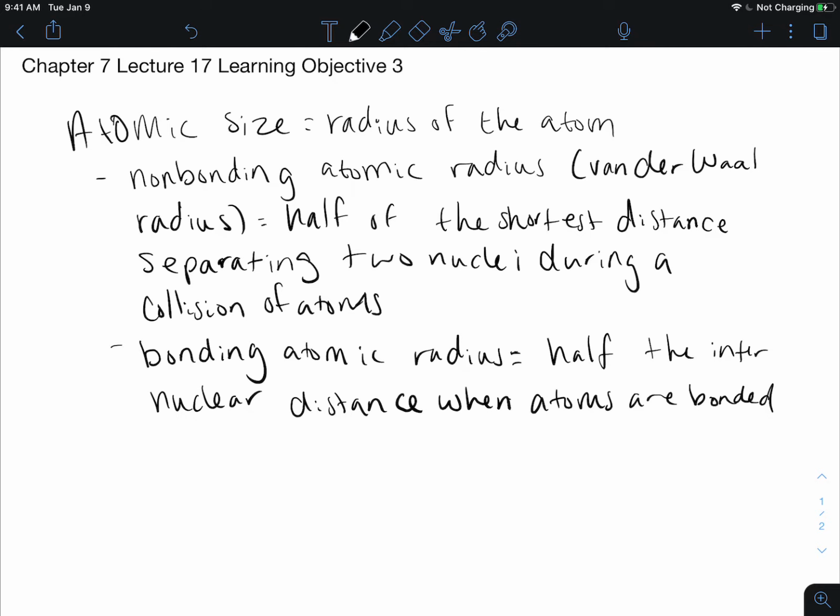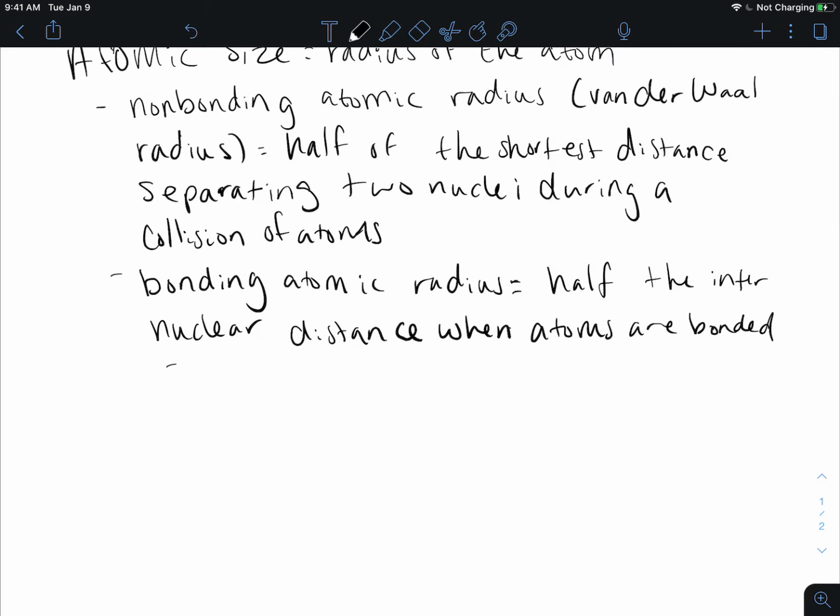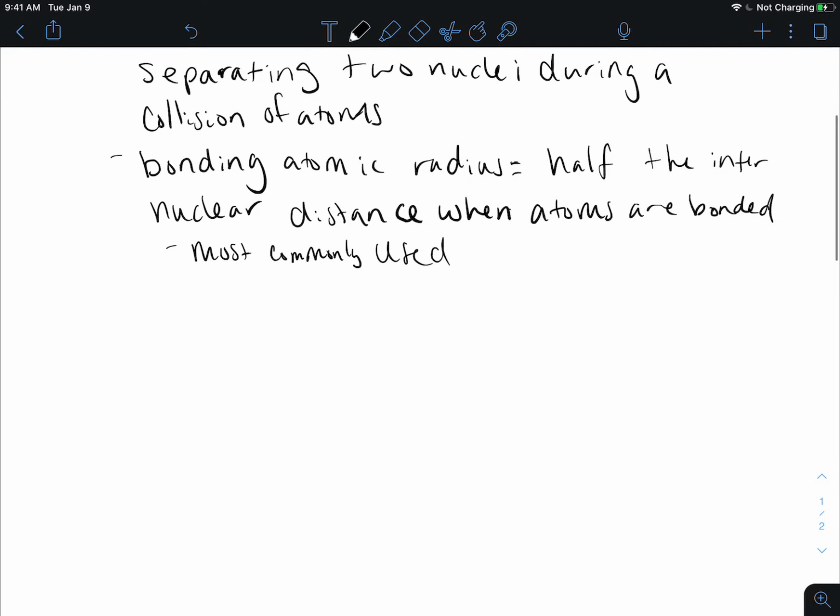This is kind of like an average, so they average it out amongst many, many different substances. If, for instance, we take two nuclei that are bonded together, we'll do the circles first.